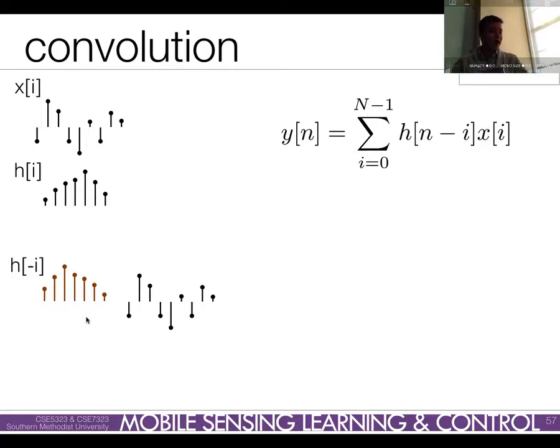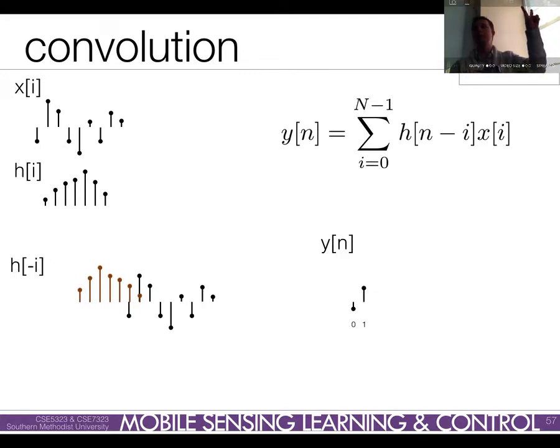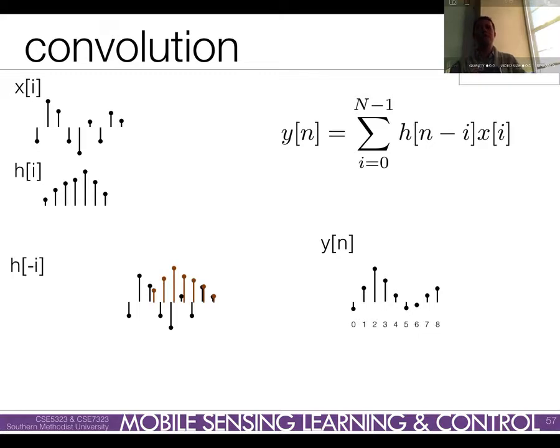Now, if I want to get the nth output, I multiply that reversed filter times my input. These overlap right here. When n equals 0, I multiply these two points and add them up. For n equals 1, I've got two points that I need to multiply together and add up, et cetera. That is the filtering operation. What happens when I get to the end?